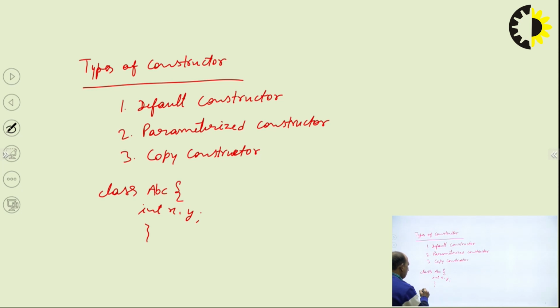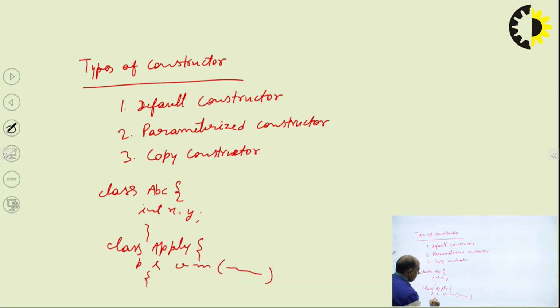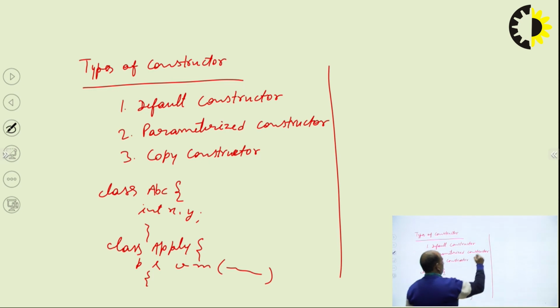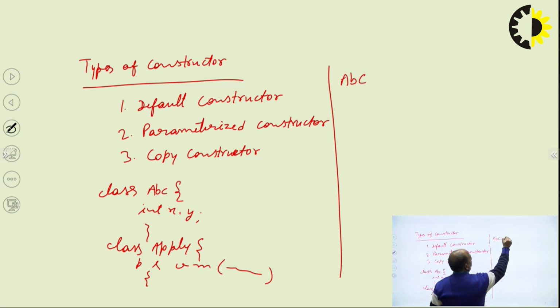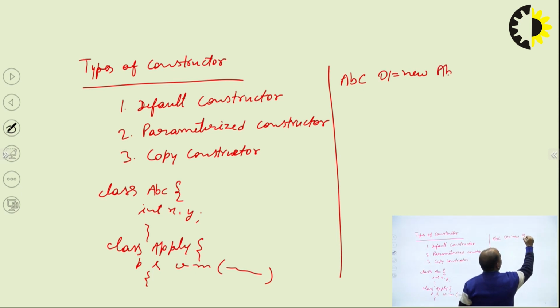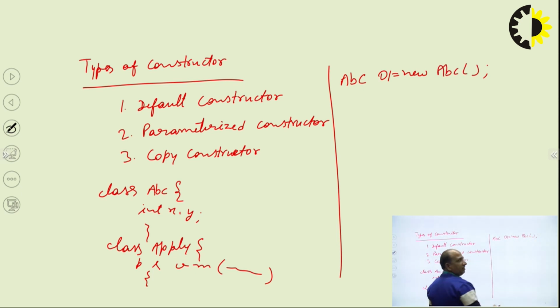So let's say I have a class apply that contains public static void main string args, and here I want to access x and y. I can access them by creating the object. Here I may create an object of the ABC class: ABC O1 equals new ABC.